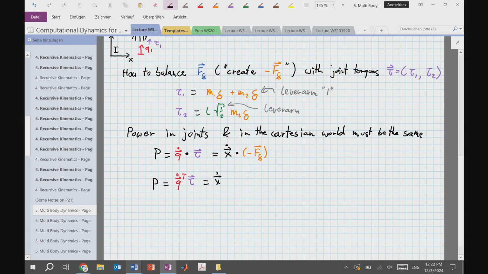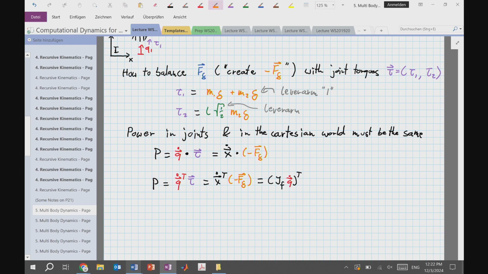And we can, of course, do the same in the Cartesian world. So that's going to be X dot transposed times minus Fg. And now I can use my Jacobian to compute X dot, because X dot is my Jacobian JF times Q dot.